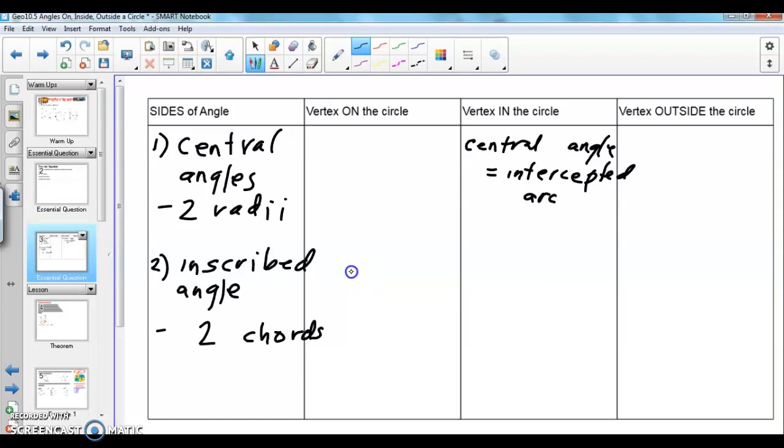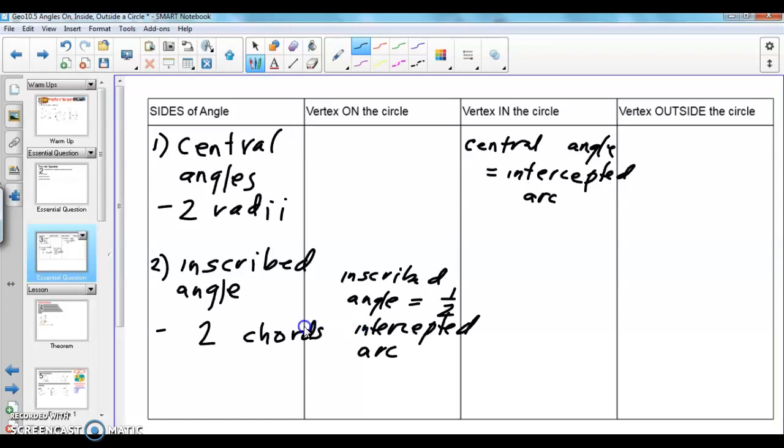And we learned that an inscribed angle is equal to 1/2 of the intercepted arc. There you go. So those are the two types of angles that we learned previously.